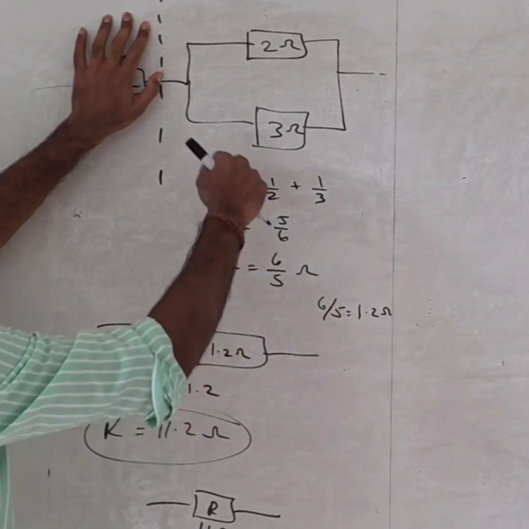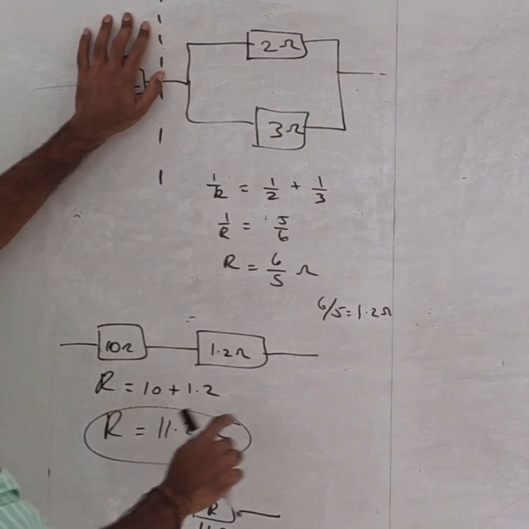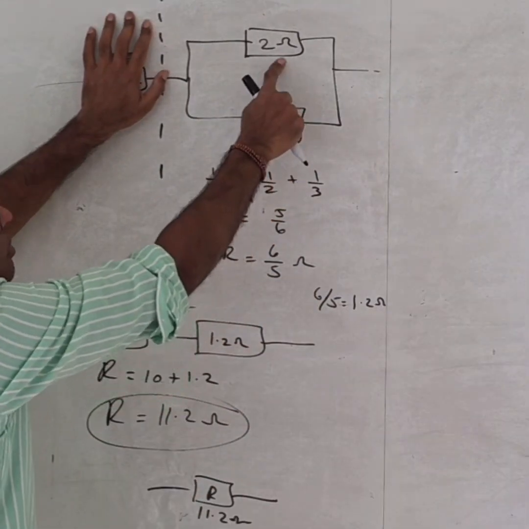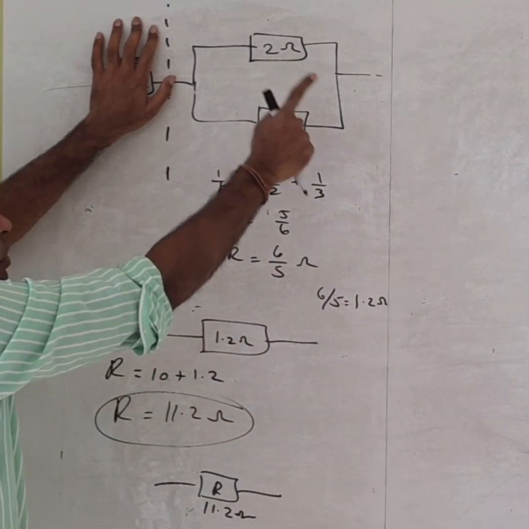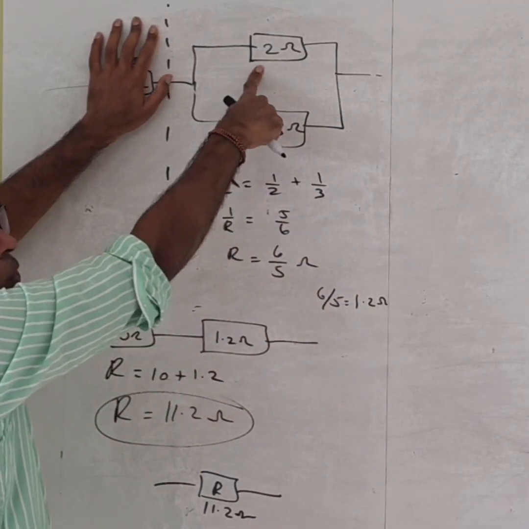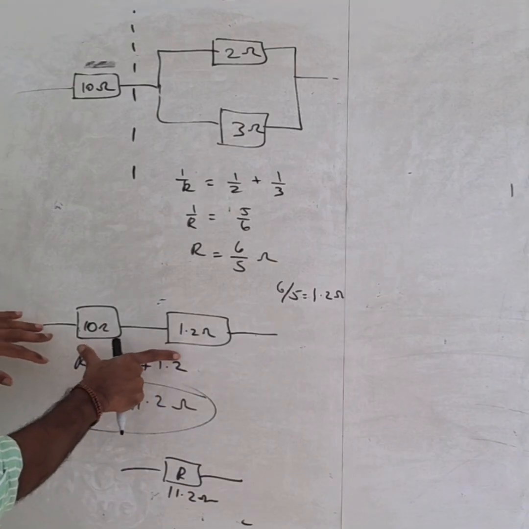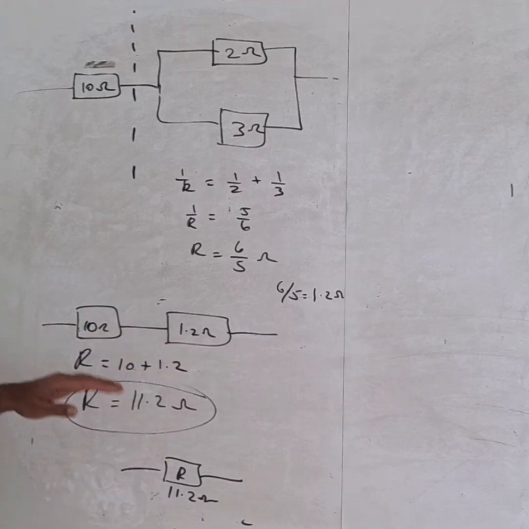Always remember that in a parallel circuit, the resultant resistance will always be less than the smallest resistor. Here if you consider 2 and 3, the 1.2 is less than 2. If you get an answer greater than 2, then you are doing something wrong. In a series circuit, your answer will always be greater than the biggest resistor.